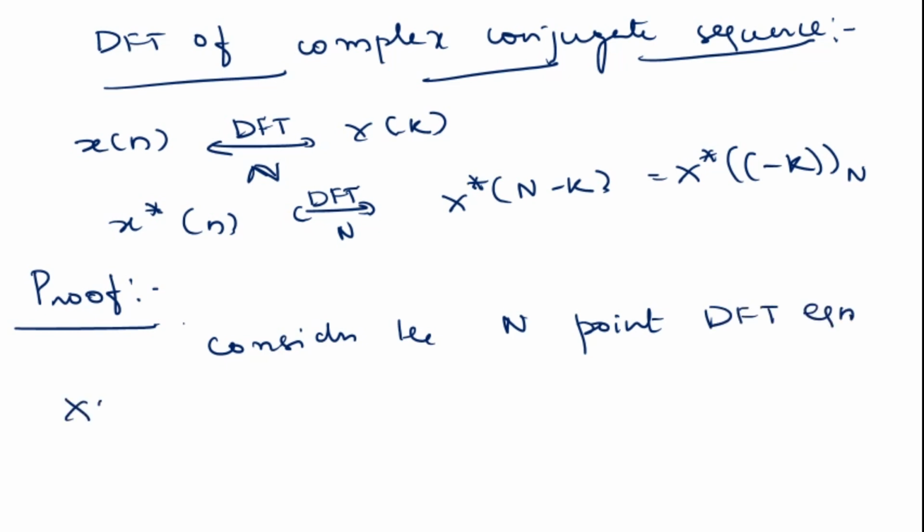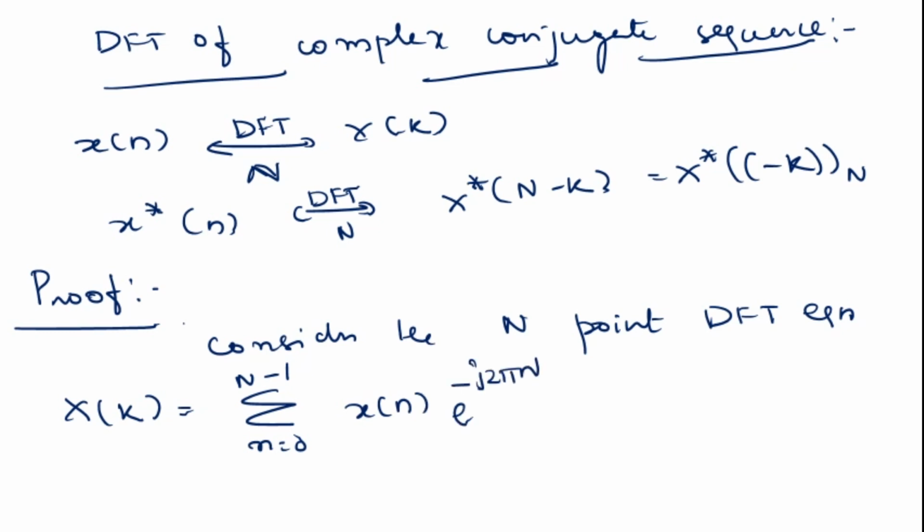X of k is equal to summation n is equal to 0 to N minus 1 x of n into e power minus j 2 pi nk by N, where k varies from 0 to N minus 1.